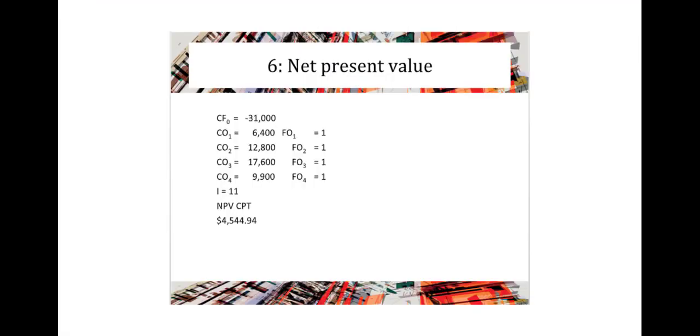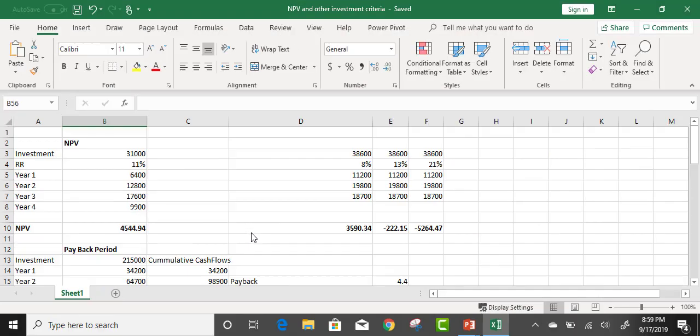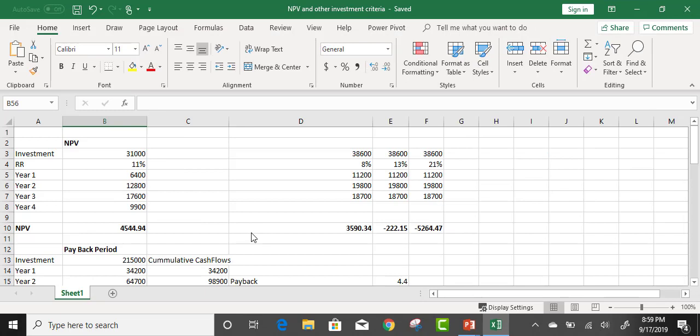If you are using a financial calculator, this is how the values should be inserted to compute NPV. I'll show you how Excel can be used to calculate the NPV. Let's say this is an investment of the project, which is $31,000, and 11% is the required rate of return. We have different cash flows in different years.